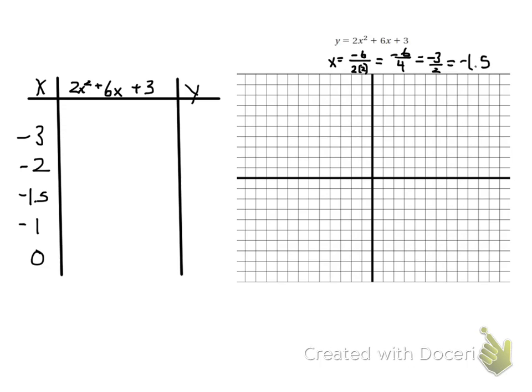We go to do this, and we get 2 times -1.5 squared plus 6 times 1.5 plus 3. Plug in -1.